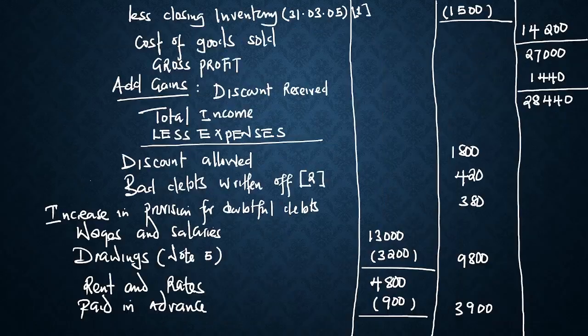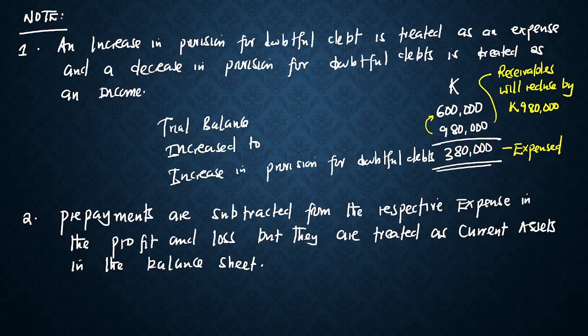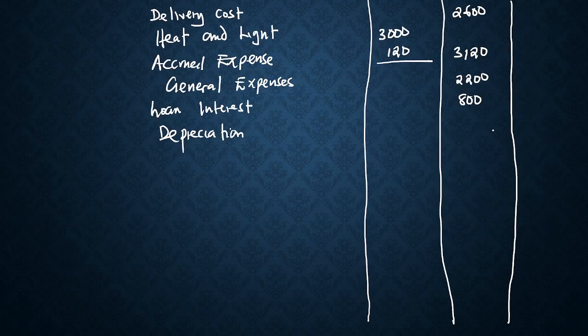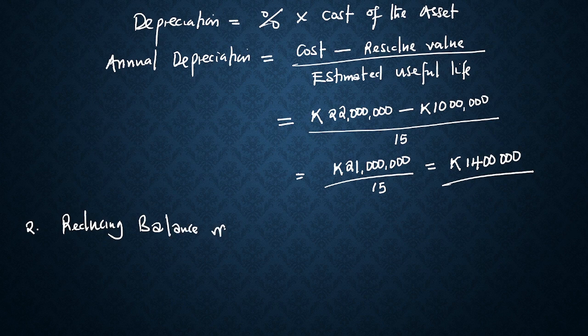Let me talk about the reducing balance method. So our depreciation here is 1.4. But let me talk about the reducing balance method. So another method is known as the reducing balance method.